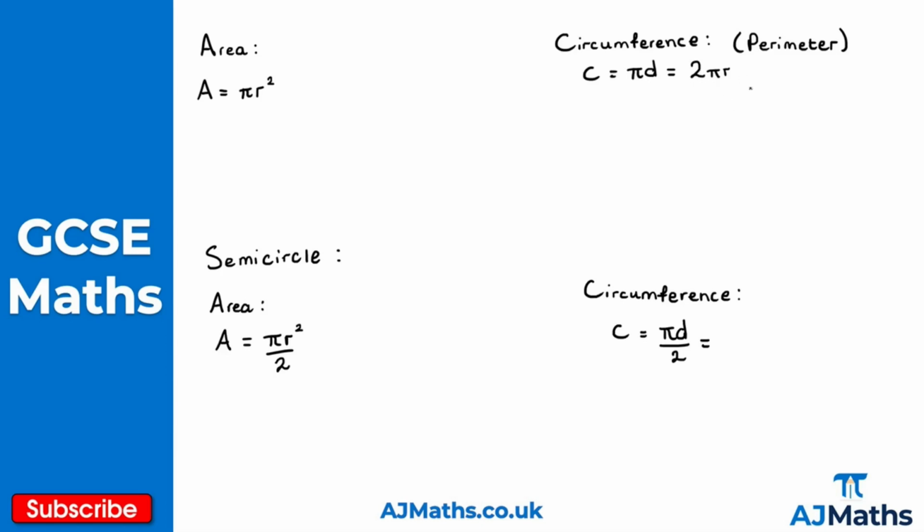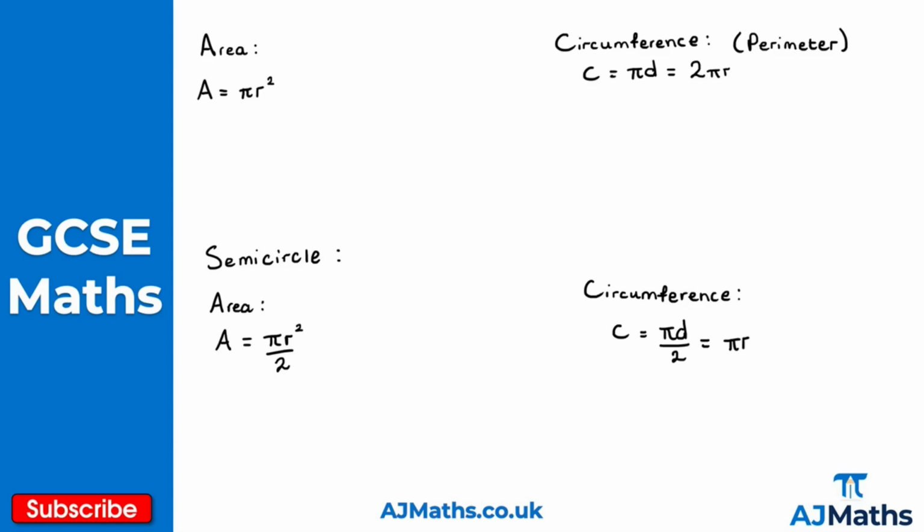If you take 2 pi r and divide it by 2, you simply get left with pi r. So if you're looking for the circumference of a semicircle, it is generally easier to use pi times the radius, but you wouldn't be penalized if you were to use pi times the diameter divided by 2. So that's everything we need for our introduction to finding the area and circumference of a circle.